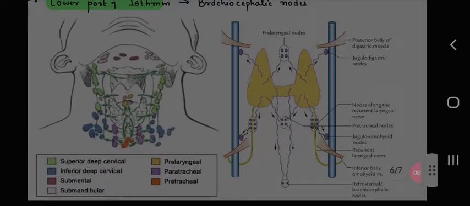Superior deep cervical, inferior deep cervical, submental, submandibular, prelaryngeal, paratracheal, pretracheal, prelaryngeal nodes, posterior belly of digastric, jugulodigastric nodes, nodes along the recurrent laryngeal nerve, pretracheal nodes, jugulo-omohyoid nodes, recurrent laryngeal nerve, inferior belly of omohyoid, retrosternal brachiocephalic nodes.